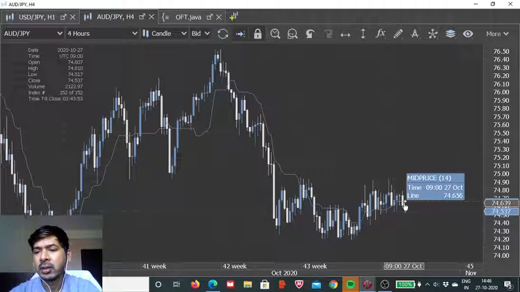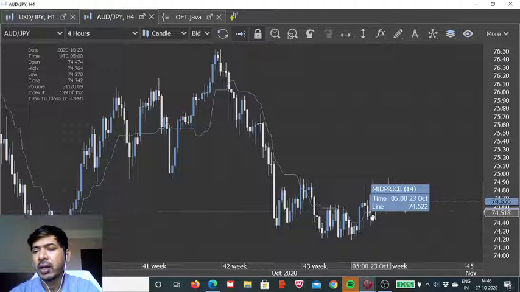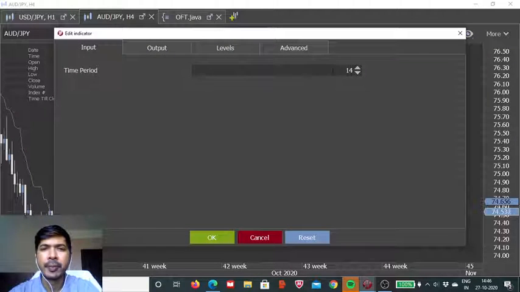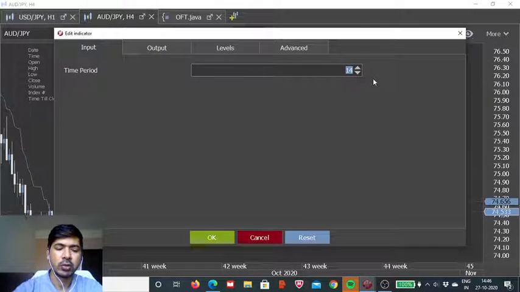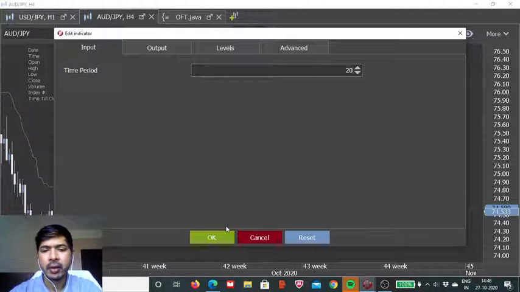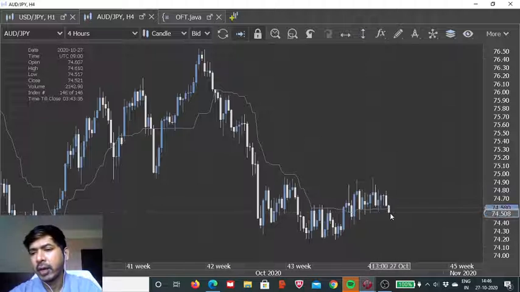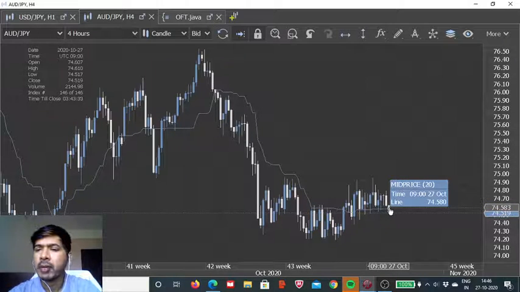The mid price calculated using the 20. No, I think I haven't really changed this. So again, let me edit it, and I will change the time horizon to 20. Okay. Now this mid price you are looking at is being calculated by taking into consideration the last 80 hours of data, as we are looking at 20 candles of 4 hour range.